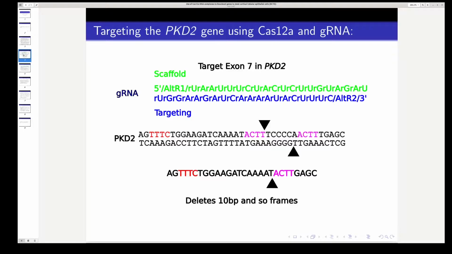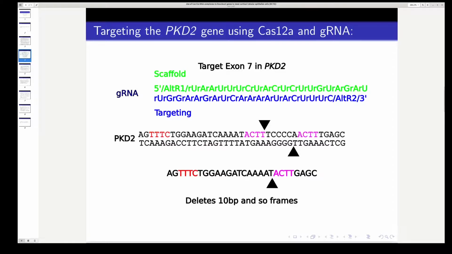So first thing we've got to do is we've got to synthesize a guide RNA. So there's a constant part of every guide RNA from 5' to 3' that is involved, it's called the scaffold, and is involved in binding the RNA in an appropriate way to the Cas12a protein. Okay, and so that's in green here.